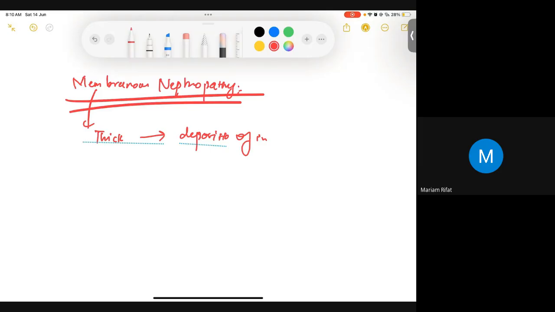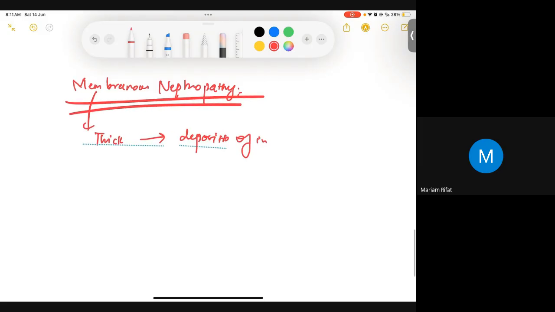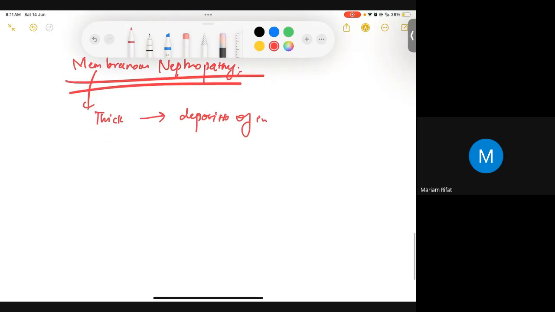Okay, so let's discuss in a little bit more detail which antigens we are most commonly going to see, against which these antibodies and immune complexes are formed. Usually the cause is idiopathic again, right? And most commonly it's seen in Caucasian adults, right?